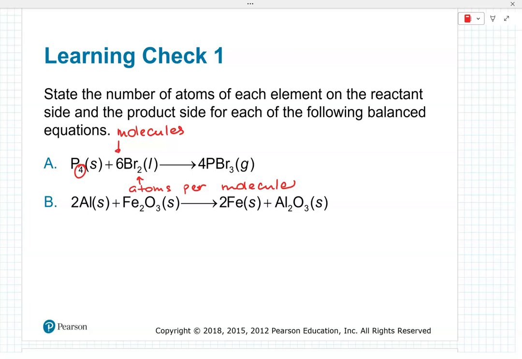How many molecules of phosphorus tribromide do we have on the right? 4. How many atoms of phosphorus on the right? 4. How many atoms of bromine? 12. Balanced? And here, how many aluminums on the left? Irons? Oxygens? On the right, irons, aluminums, oxygens, 3.